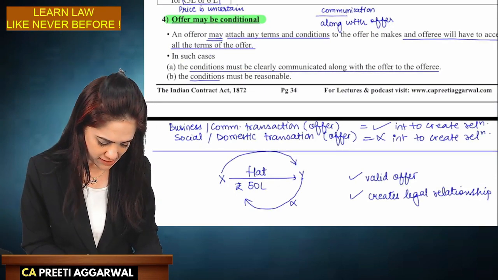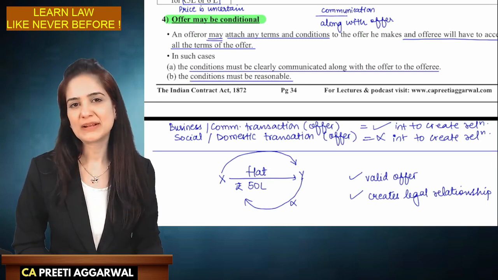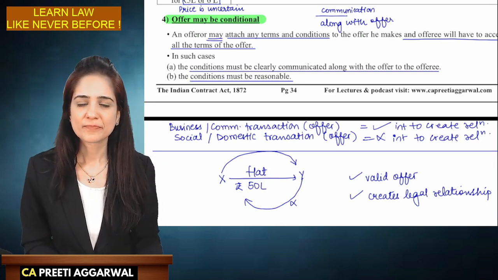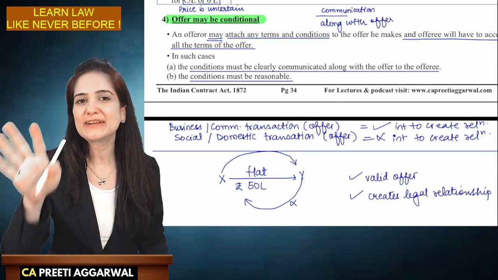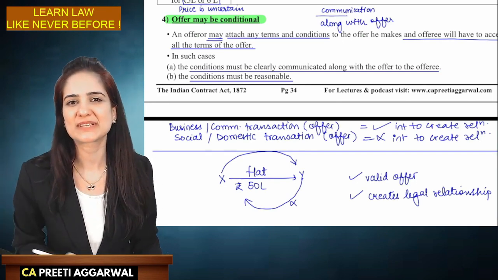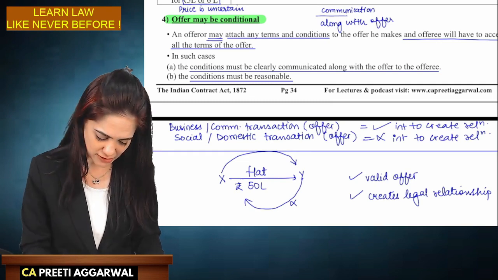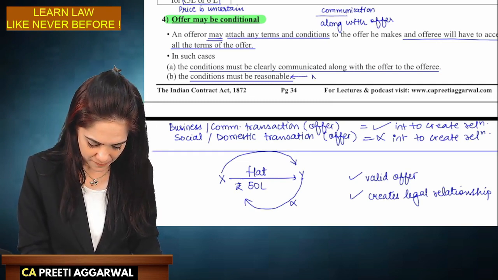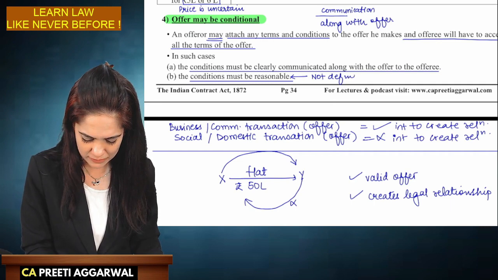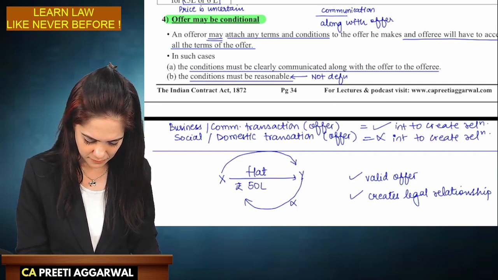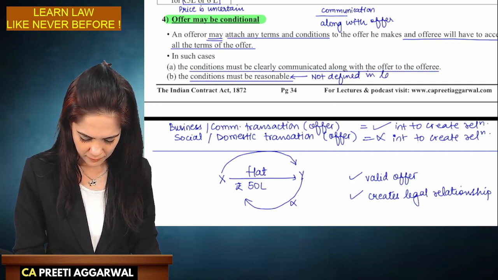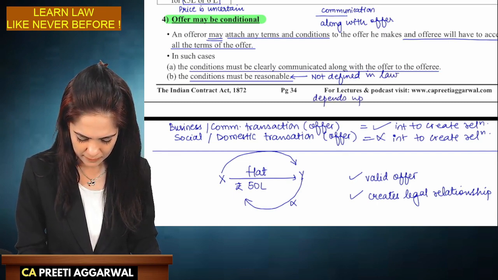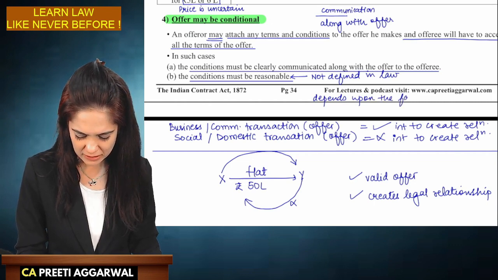And also, these conditions must be reasonable. What is the meaning of reasonable? The word reasonable is not defined in law. It depends upon the facts and circumstances of the case. You can write it over here. What is reasonable? This is not defined in law. It depends upon the facts and circumstances of the case.